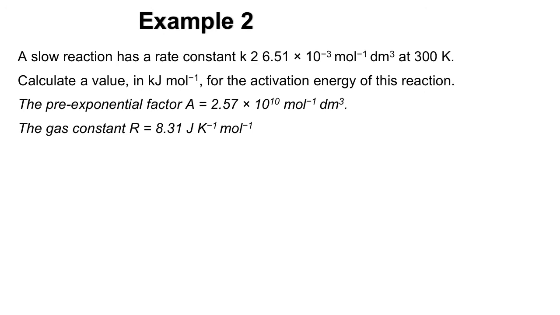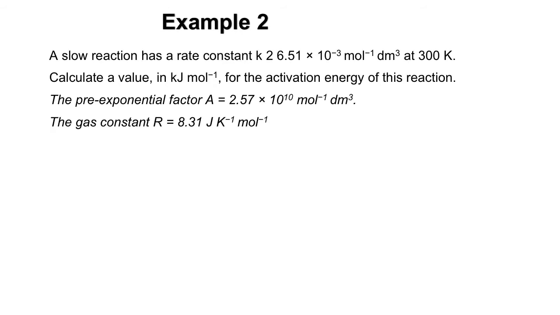Let's have a look at this second example, which is slightly different to the first one. Here, you've been given the rate constant and the temperature. You are required to calculate the activation energy in kilojoule per mole for this reaction. Pre-exponential factor is given, rate constant is given. You may want to try the normal, original form of the Arrhenius equation, but you will see it's much easier to work with the other expression.